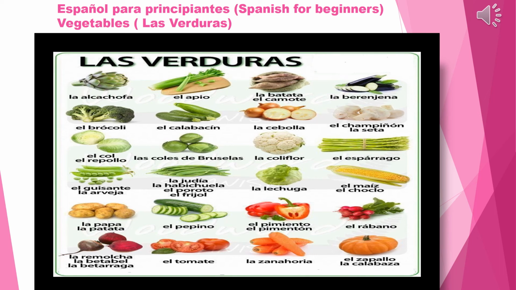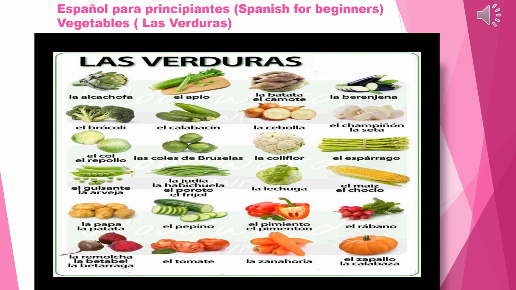These vegetables, sincerely, if you are an African, maybe the only thing you might be familiar with is la cebolla, maybe la lechuga a bit, el pimiento, el zapallo, well, it's rare, but things like el rábano, remolacha, okay, el guisante, the pea, yes, la arveja, yes, la col, which is cabbage, yes, probably el pepino, which is cucumber, but that is more or less what you might see them with.